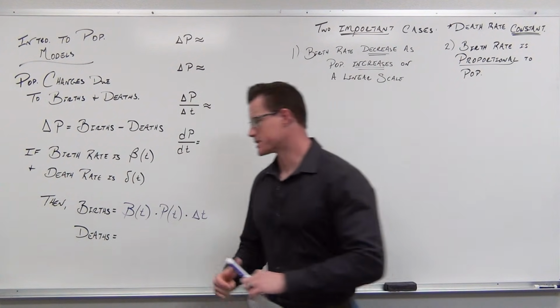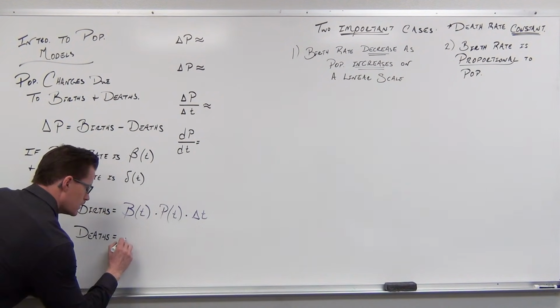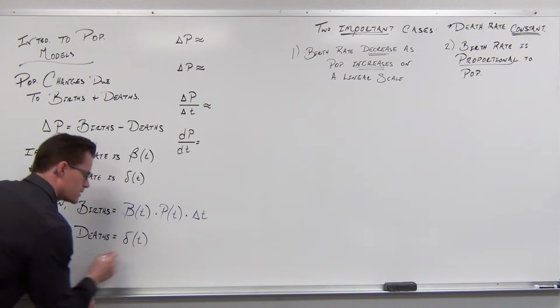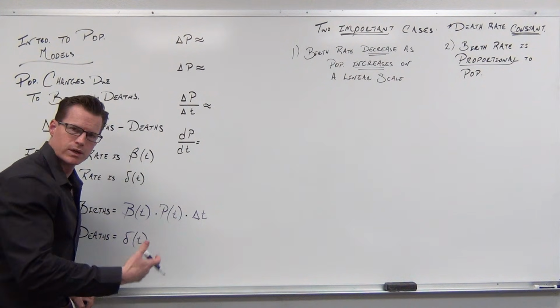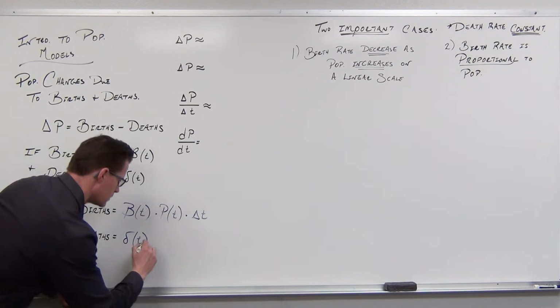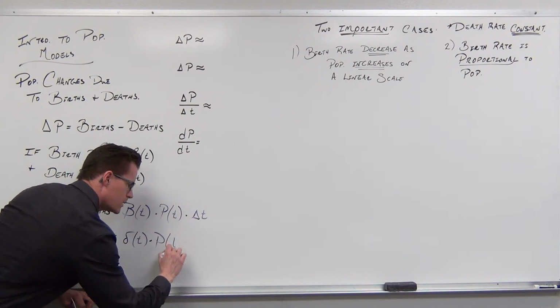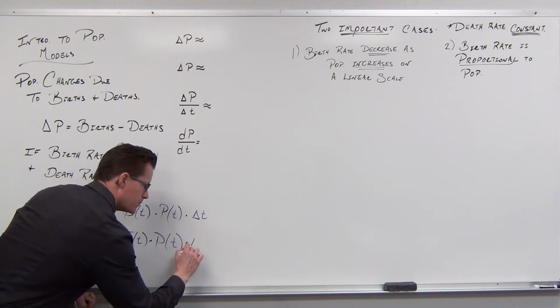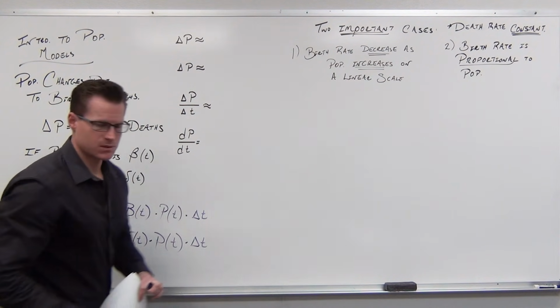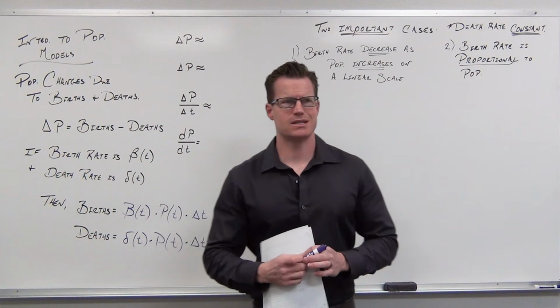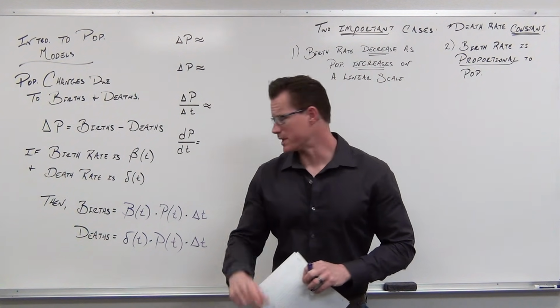The same thing would happen with our deaths. So the deaths would be the rate at which things are dying per unit of population per unit of time, some sort of increment. Now these are incremental, so this is considering every small little increment.